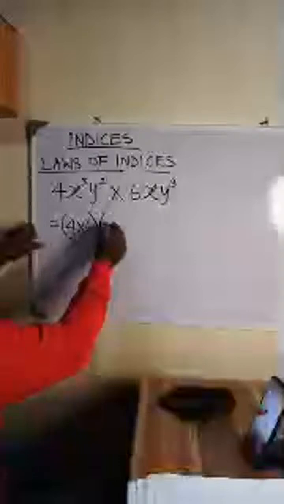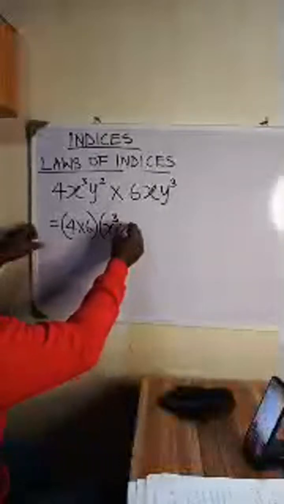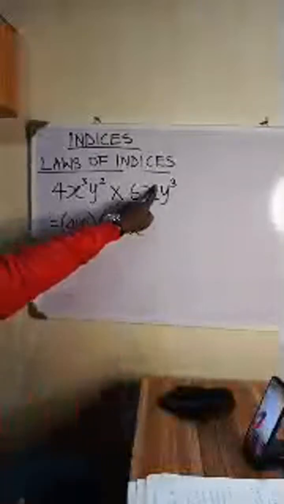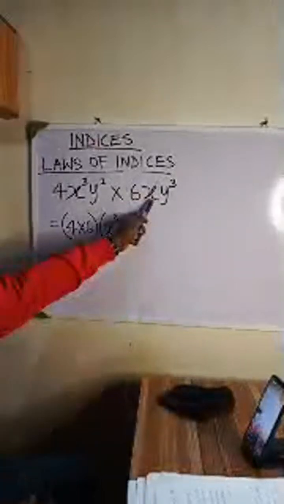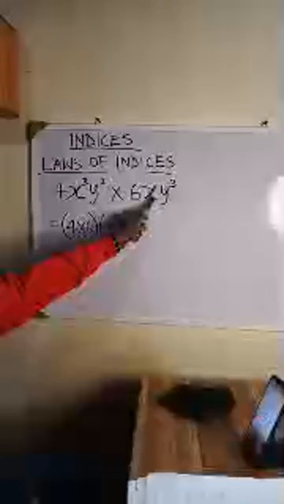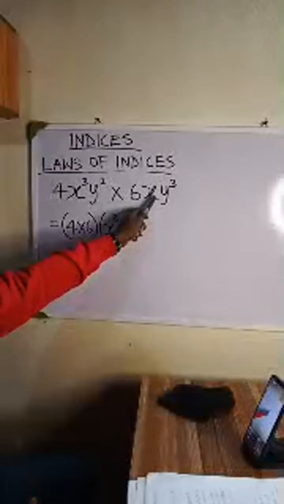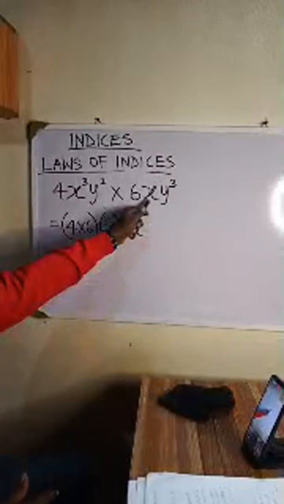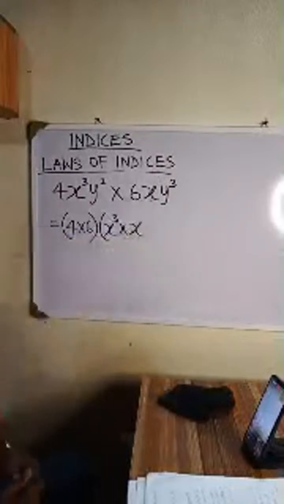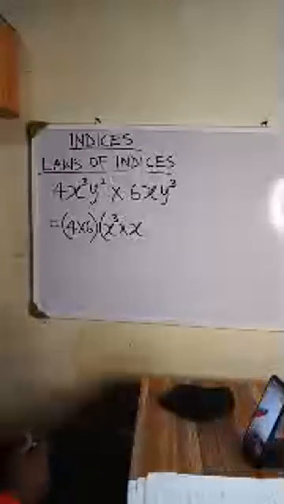So we have x to the power of 3 times x to the power of what is the power of x over here? 1.